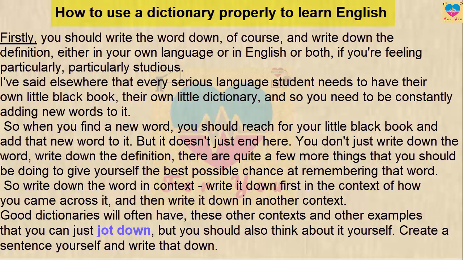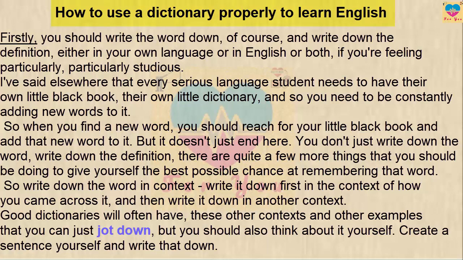You don't just write down the word, write down the definition. There are quite a few more things that you should be doing to give yourself the best possible chance at remembering that word. So, write down the word in context. Write it down first in the context of how you came across it, and then write it down in another context.